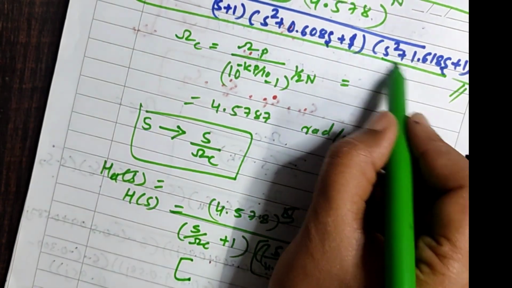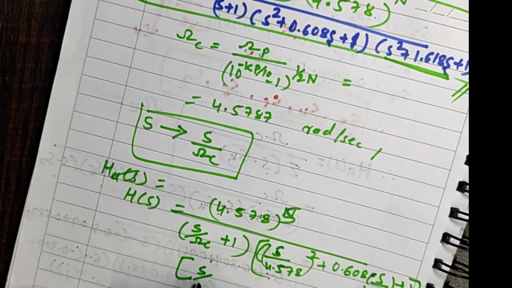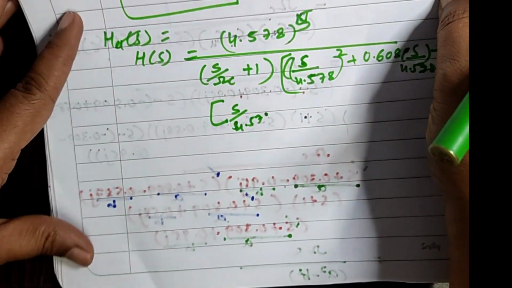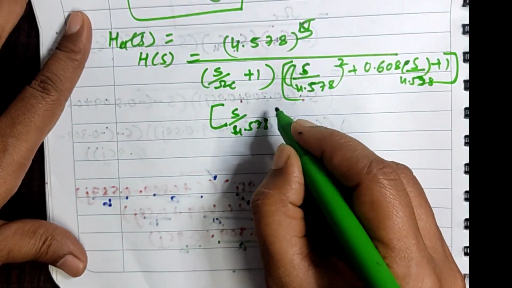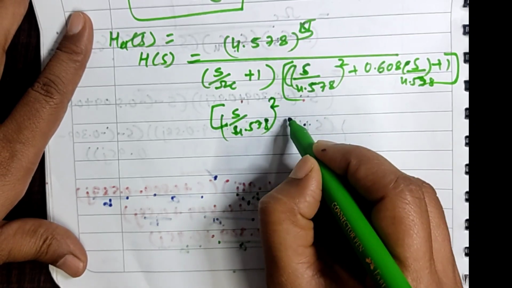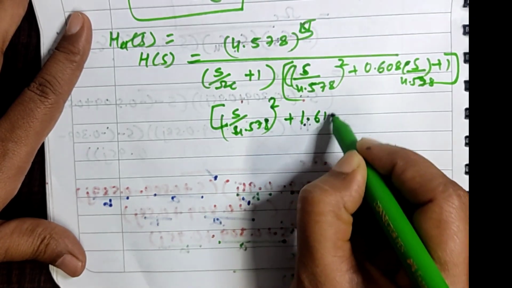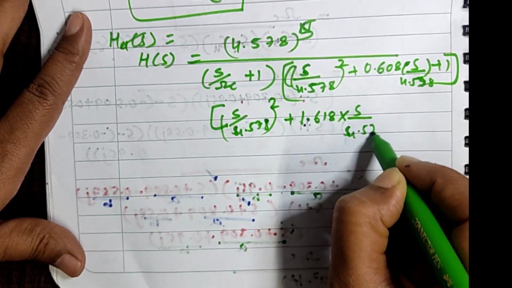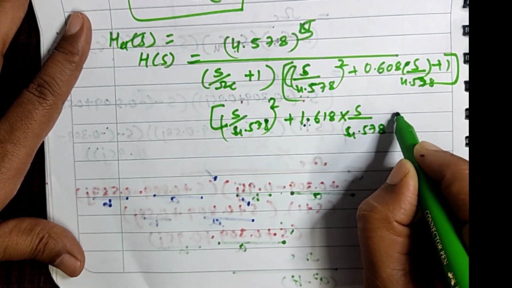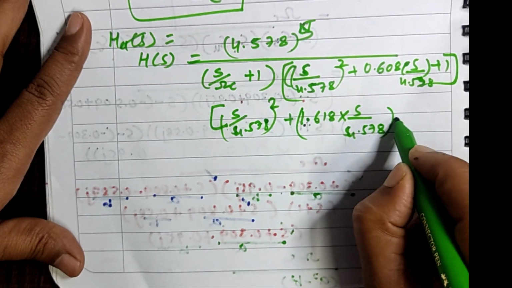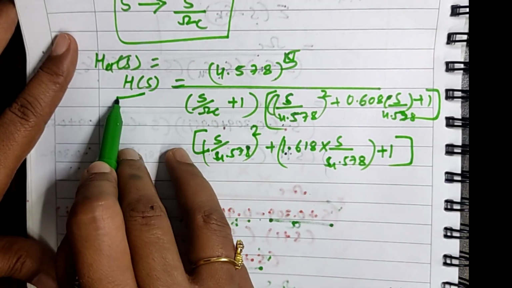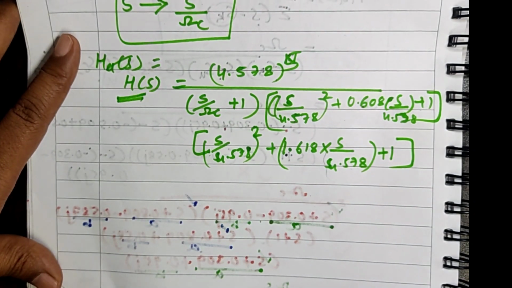Another one is this, which is S square, that is nothing but S divided by 4.578 square, S square, plus 1.618 into S, S is S divided by 4.578, okay, plus 1. So this is what our frequency domain, same filter. Okay.